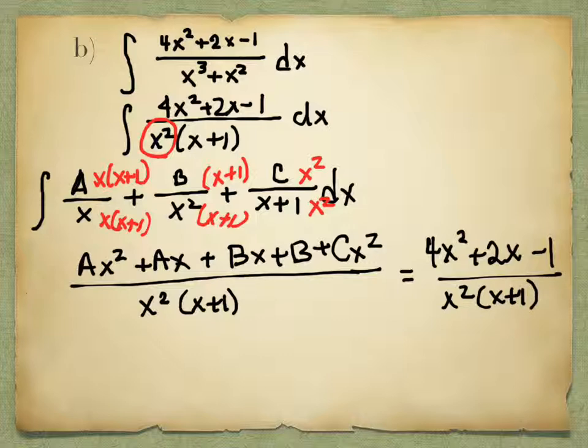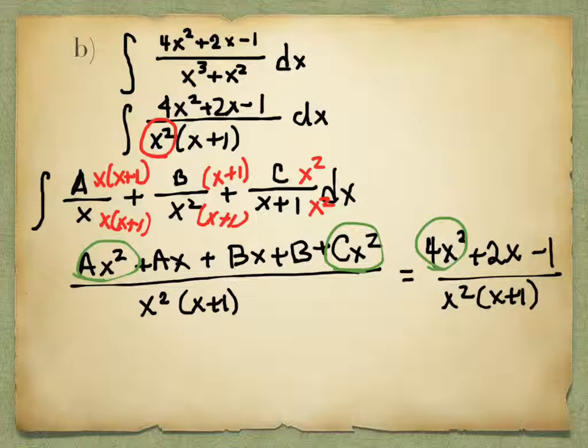So what we're going to do is collect like terms, just like we did before. The first terms that are alike are the terms that have values of x squared in them. There are two on the left. There's an ax squared and a cx squared. And there's one on the right. It's a 4x squared.